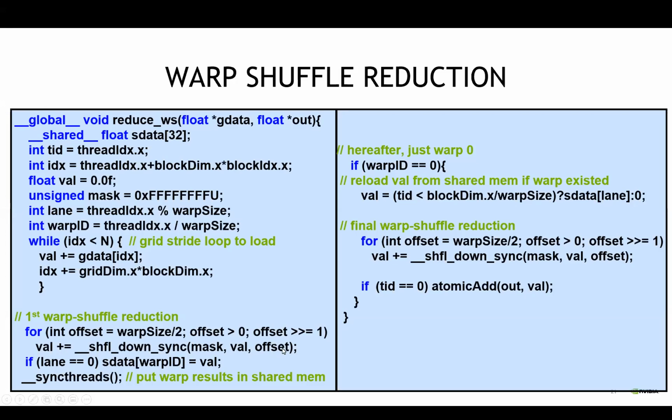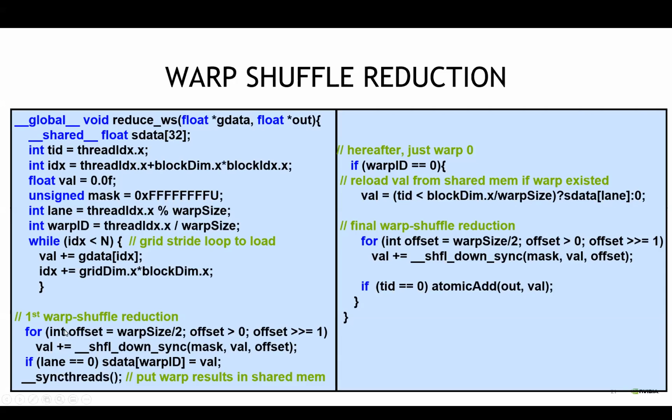So thread 0 will take 0 plus 16, add them together, and put it in the val for thread 0. Thread 1 will take its val and add to it thread 17, and so on. Conceptually it's very similar to the sweep operation, except it's happening at the warp level amongst each warp of 32 threads, and each warp is producing a single partial sum, and that partial sum ends up in the thread at warp lane 0 in that warp.